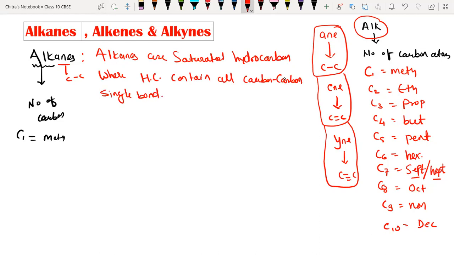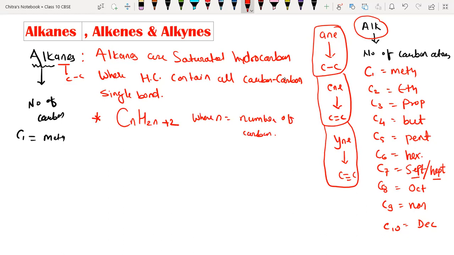Their general formula, their general representation, is CnH2n+2, where n equals the number of carbon atoms.